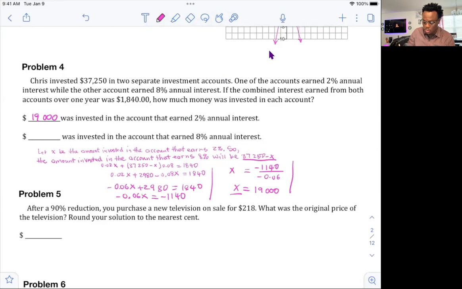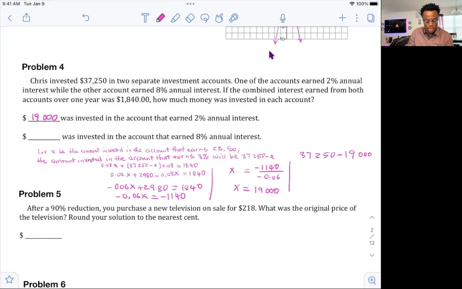We know that 37,250 minus X will give us the amount invested in the second account that earns 8%. So let's do it. We're going to have 37,250 minus 19,000.